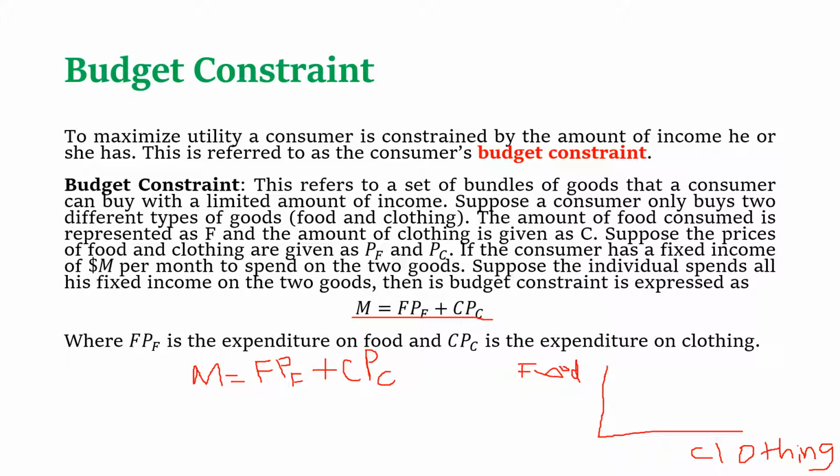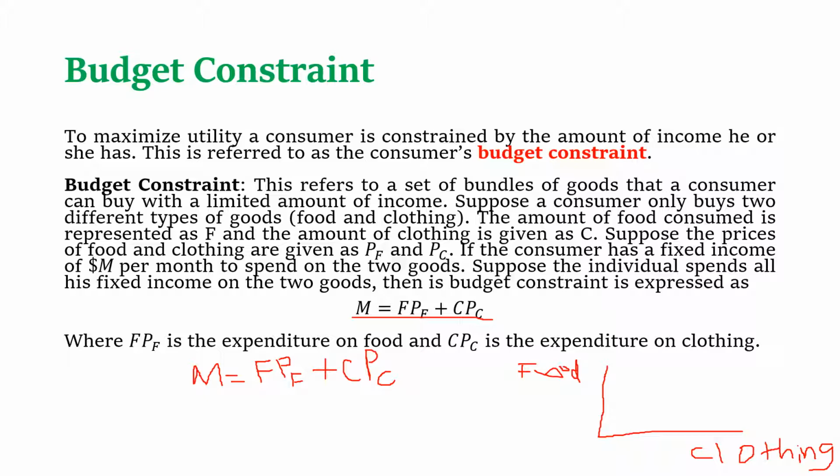M equals XPX plus YPY. Have you seen? XPX is the expenditure on good X, and then YPY is the expenditure on good Y. So if we add those two, we're going to get the income of the consumer. So now here we have FPF plus CPC, and that gives us the consumer's income.